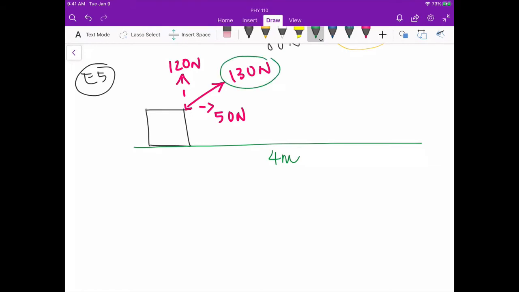Or we can replace this 130 Newton force by 2 people. One person is applying 50 newtons of force in this direction. Another person is applying this much force in the vertical direction. The eventual impact of the 2 forces is the same as the single 130 Newton force.